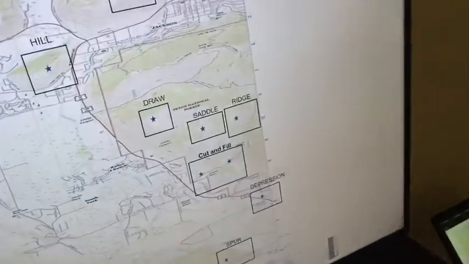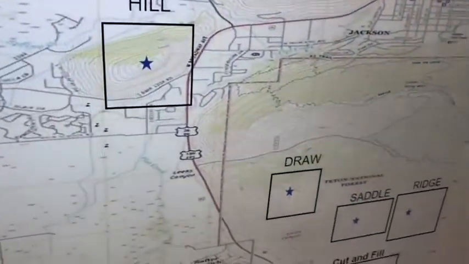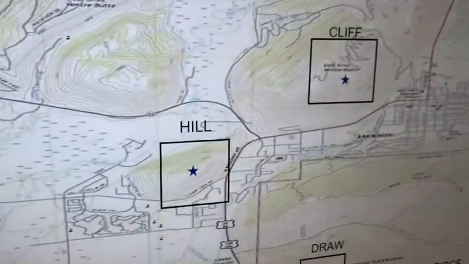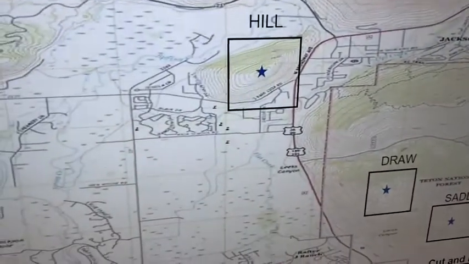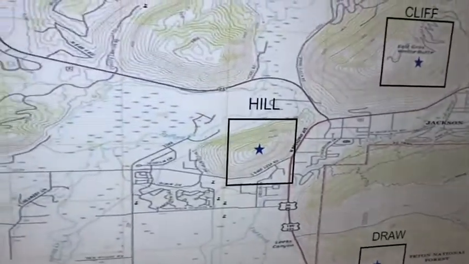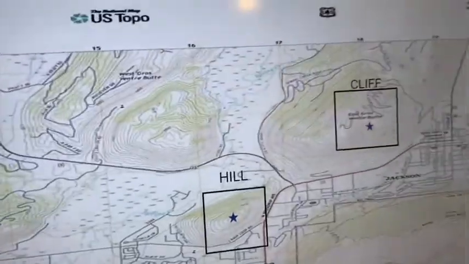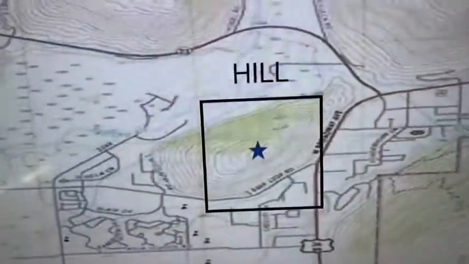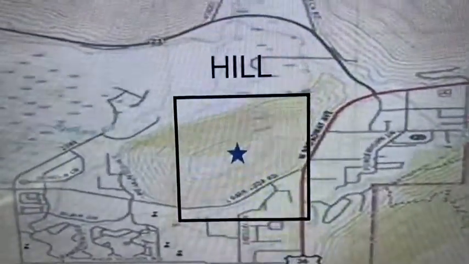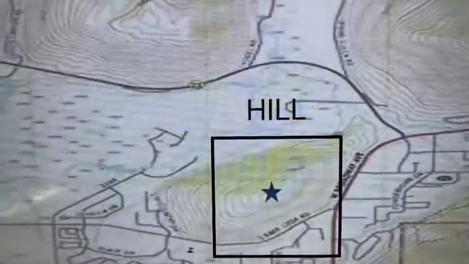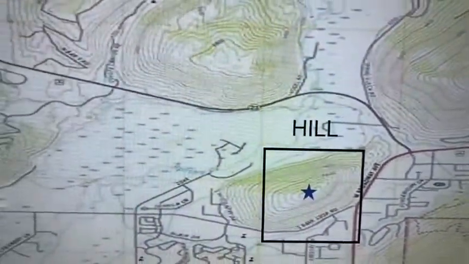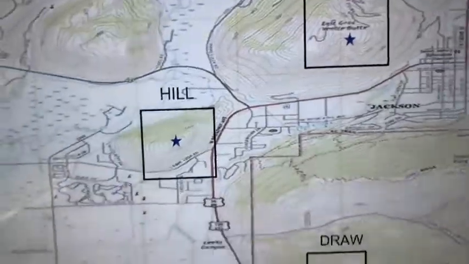All right, so first we're going to go over the 5 major terrain features. The first one we're going to be going over is to identify a hill. So if you look at this box right here, I went through and I marked where the hill is. The next one we're going to be looking for is a saddle.